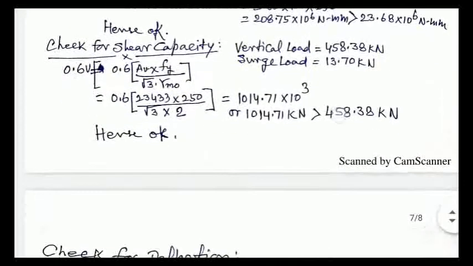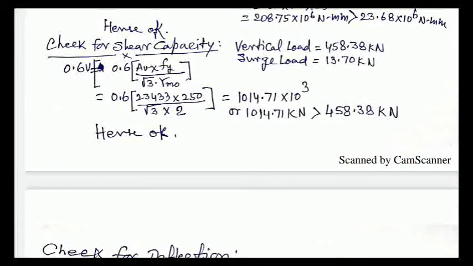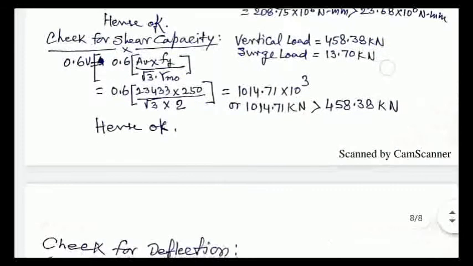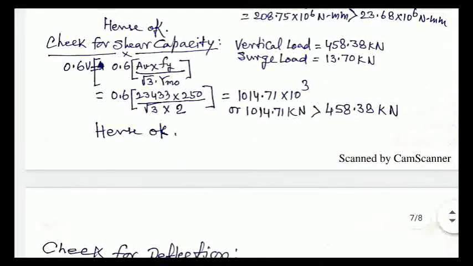So now check for shear capacity of the section. Vertical load is 458.38 kilonewton, as we have calculated earlier, and surge load is 13.7 kilonewton. The capacity of the section should be 0.6 times V, or 40% more, as we have already discussed for the bending moment. So we are taking the same in the shear force also.